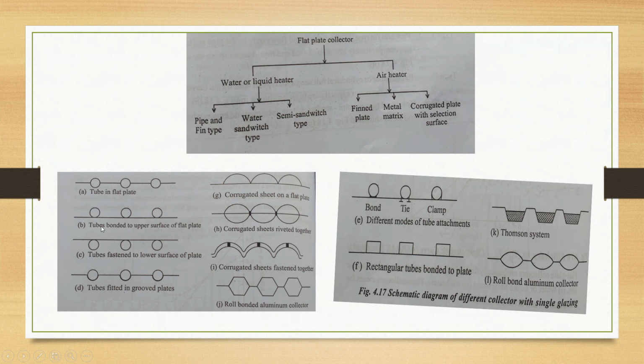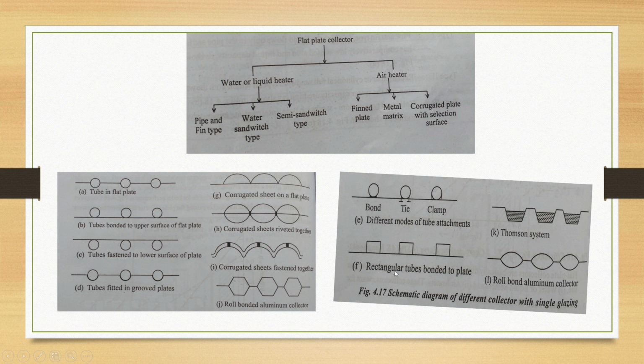Second one is the tubes bonded to the upper surface of the flat plate, tubes fastened to the lower surface of the flat plate, tubes fitted with a groove plate, corrugated sheet on the flat plate, corrugated sheets fastened together, roll bonded aluminium collector, and different modes of tube attachment. There are three types, that is bond, tie, and clamp. These are the three different types used in the different modes of tube attachment.